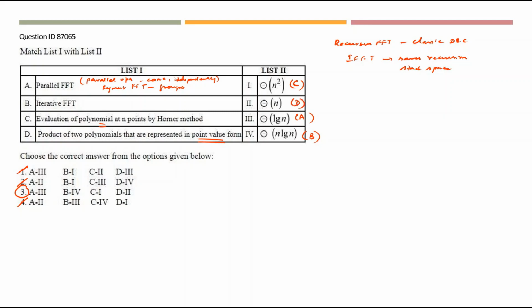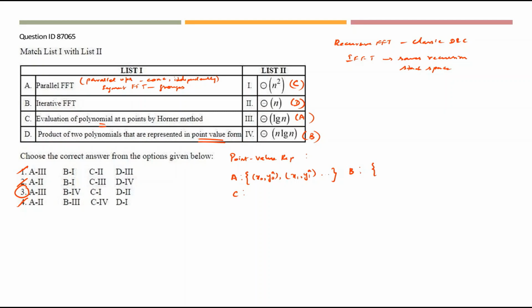Now let us see what is the point value representation of a polynomial. Let's take two polynomials A and B and the product will be C. Let me show you the representation first. A will be in the form of x0, y0a, then x1, y1a until the end. I am not ending up, I am just showing you the representation alone.